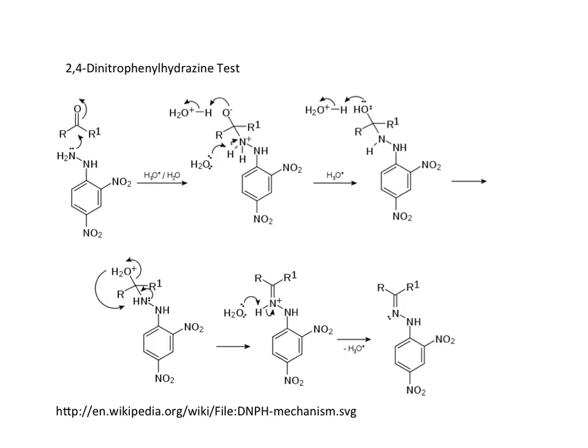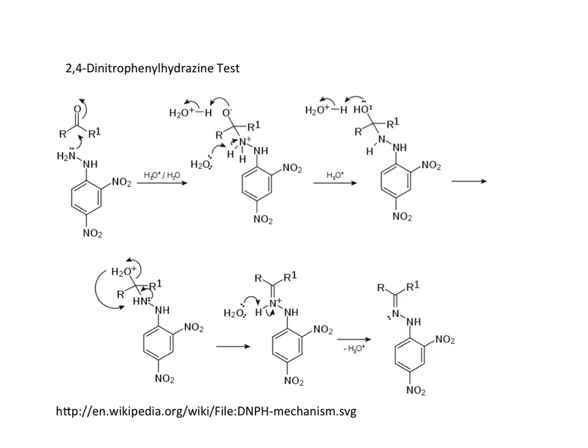So R and R1 can be aromatic or aliphatic groups, or they can be hydrogens. Any aldehyde or ketone will react with this compound, 2,4-dinitrophenylhydrazine. So hydrazine is this nitrogen-nitrogen compound that is very reactive, but we're putting a dinitrophenyl group on the hydrazine.